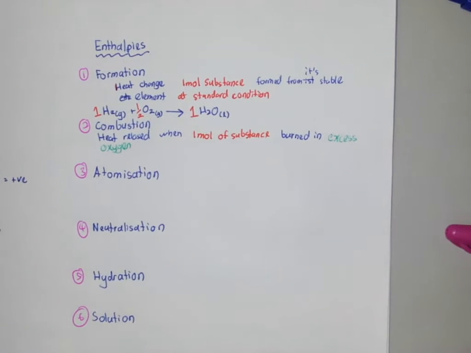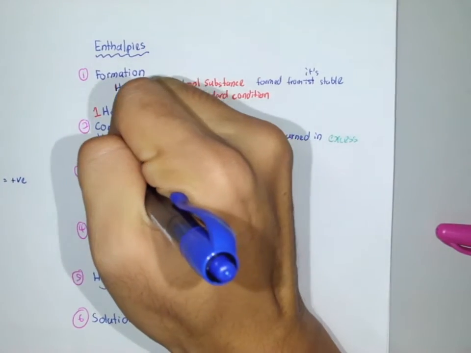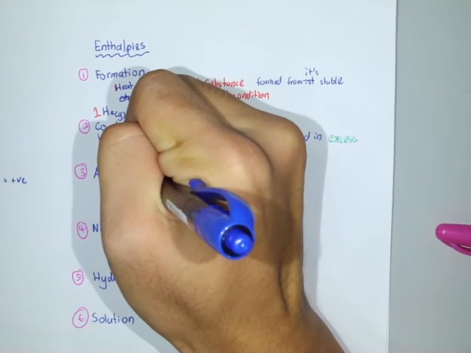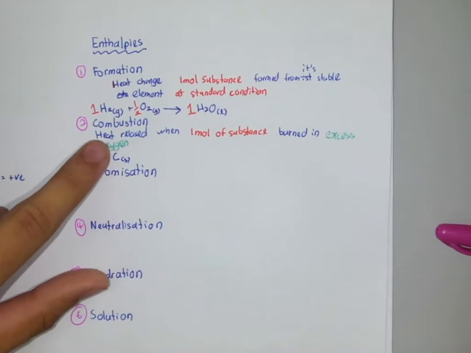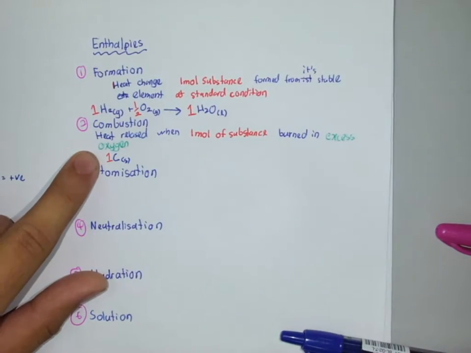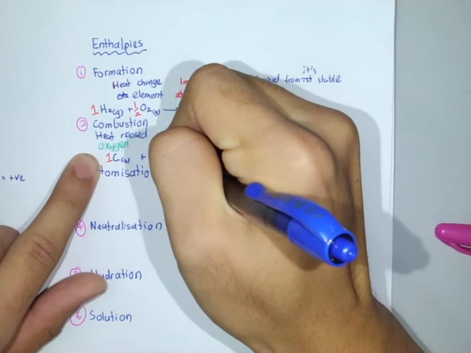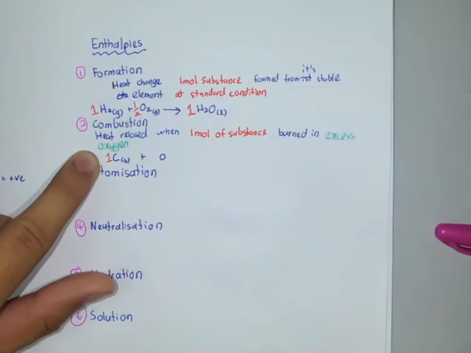It means that the 1 mole that you need to keep is the substance. So for example, here we have carbon. We burn carbon as solid, and we need to make sure it is 1 mole. And it also will burn in excess oxygen.